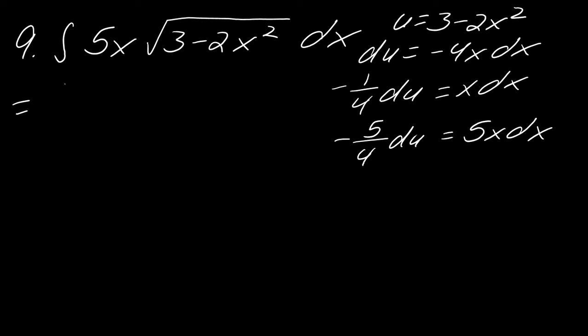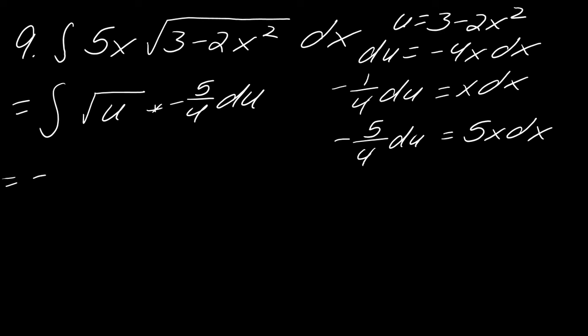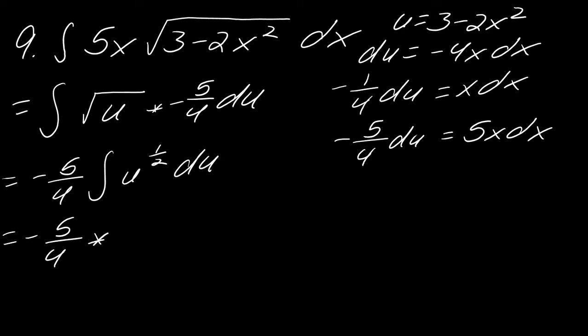So now if I do those substitutions, this will become the square root of u times negative 5 over 4 du. So then I can just write this out as negative 5 over 4, and then this will be u to the 1/2 du. And so then I get negative 5 over 4.